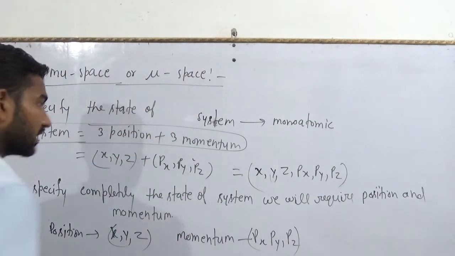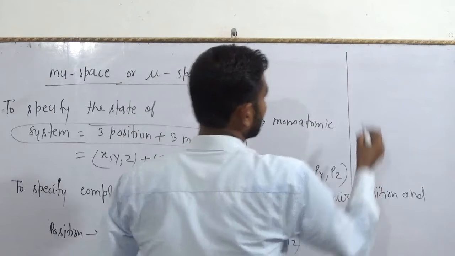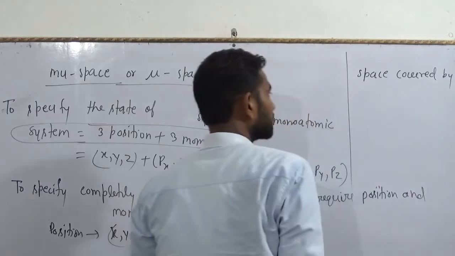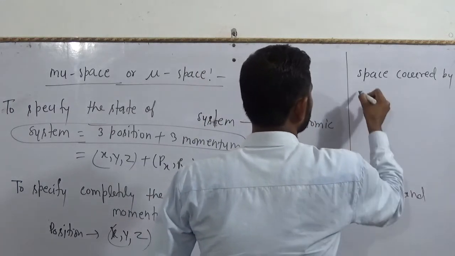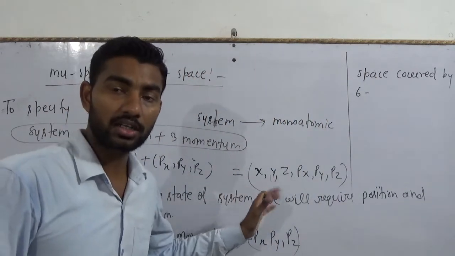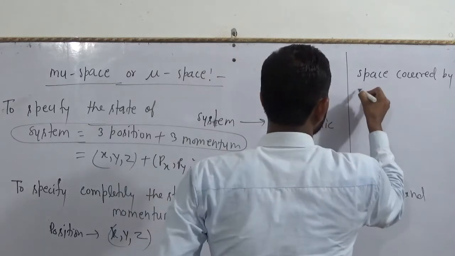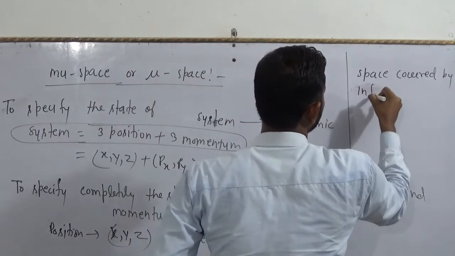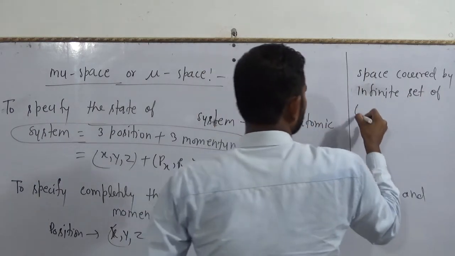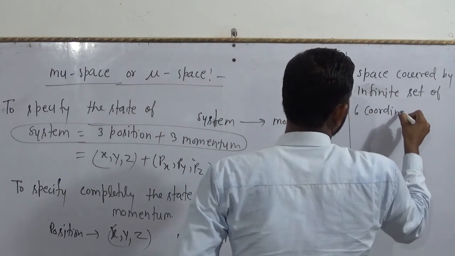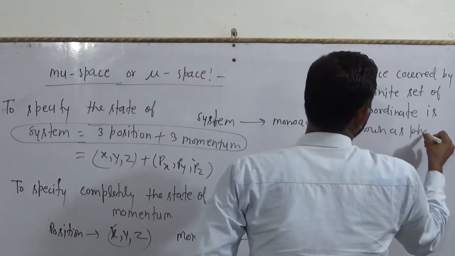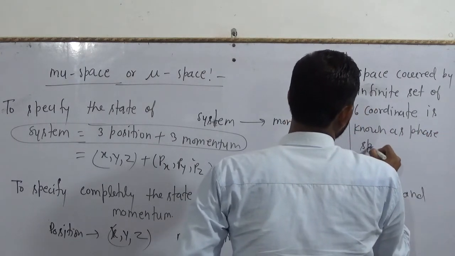So we can write this concept also: the space covered by this 6 coordinates, or we can say the infinite set of 6 coordinates, is known as phase space.